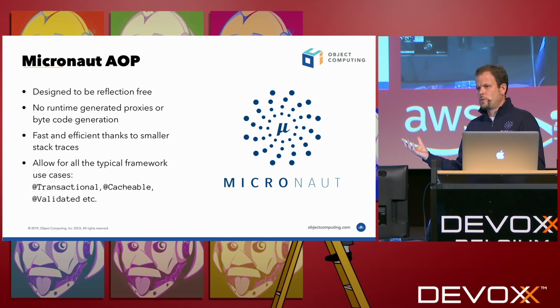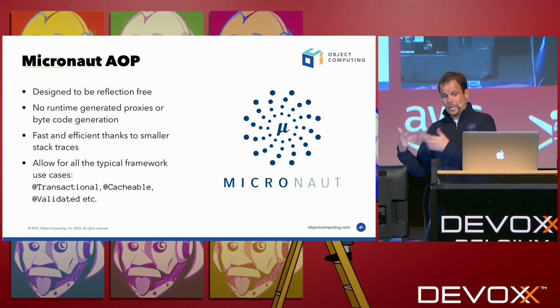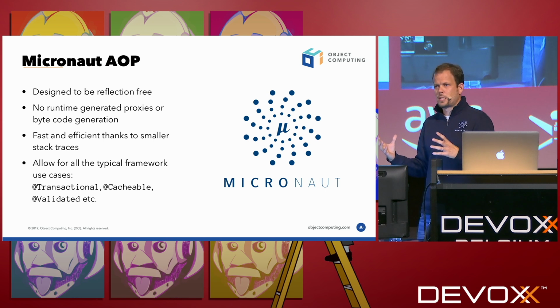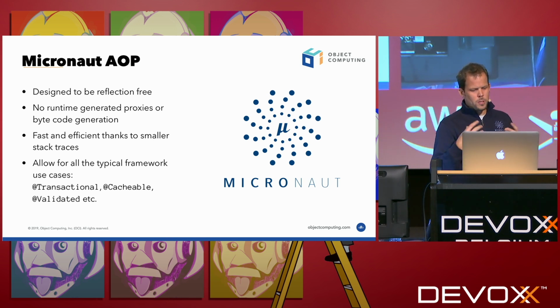So to support anything else, frameworks like Spring generally use a bytecode generation library at runtime, something like ByteBuddy or CGLIB, to generate bytecode at runtime so that they can dynamically implement your class. So what's the problem with doing that?